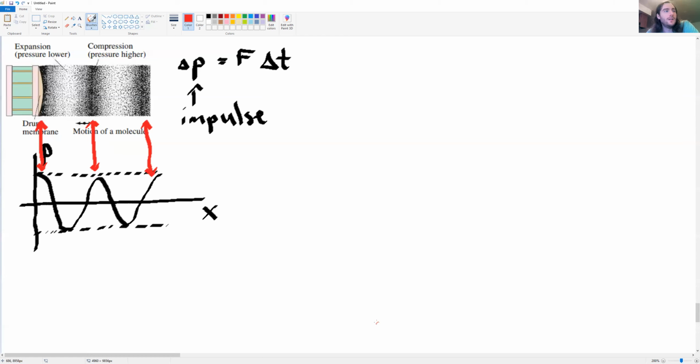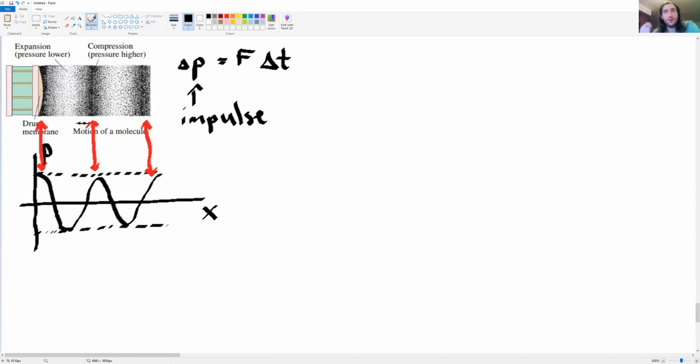And we can describe the change in pressure using a wave-like expression. Now, sound waves are oftentimes referred to as pressure waves for this reason.